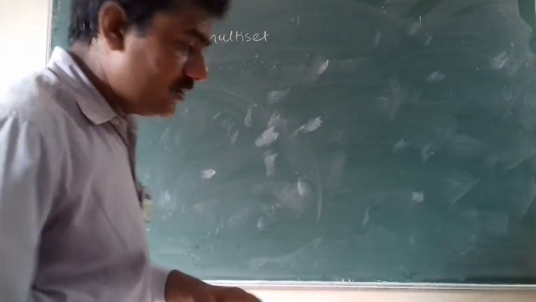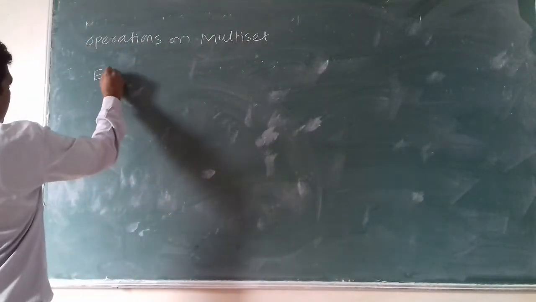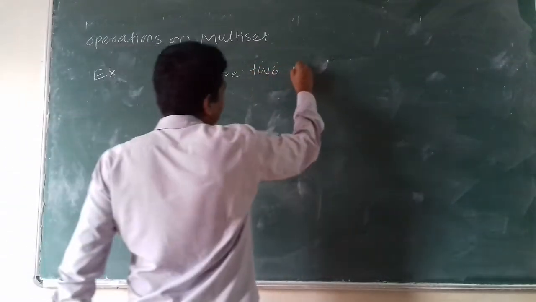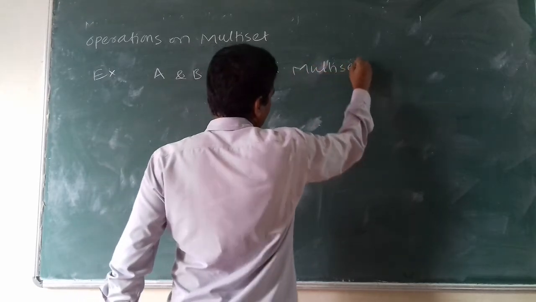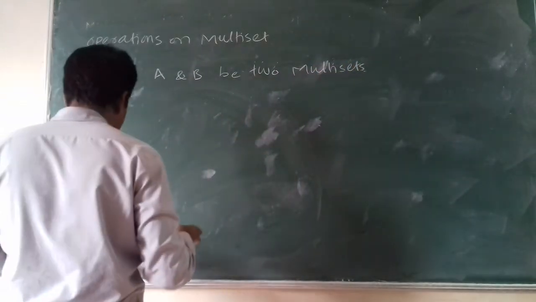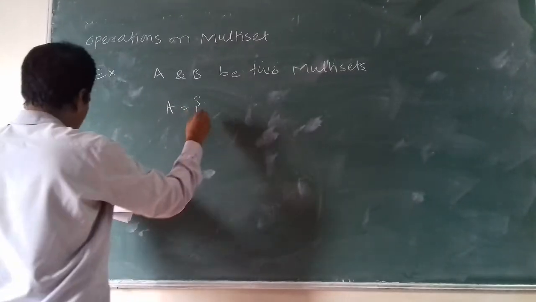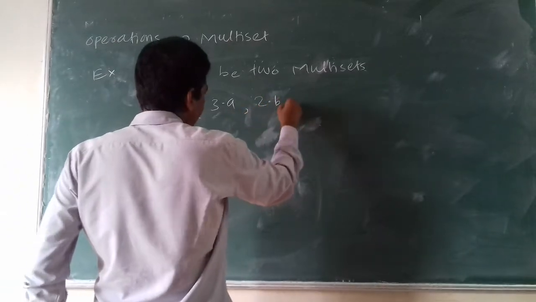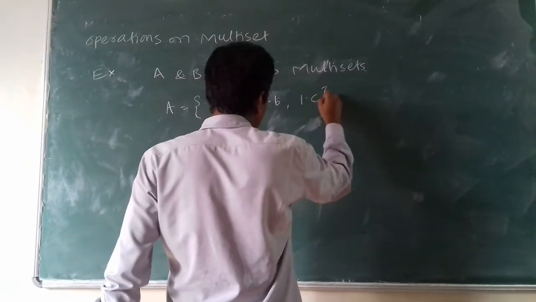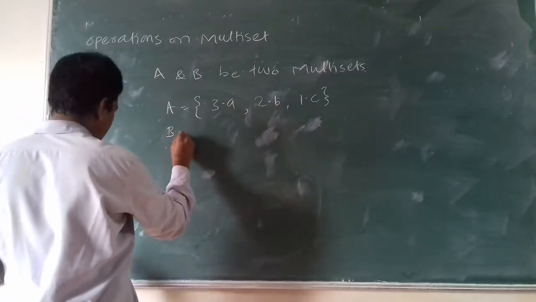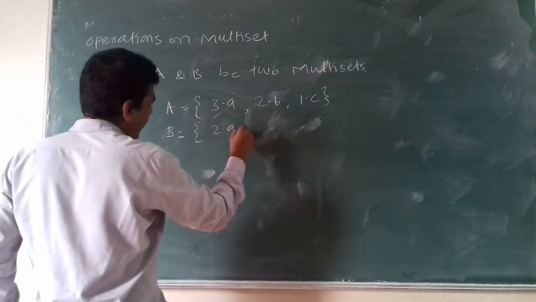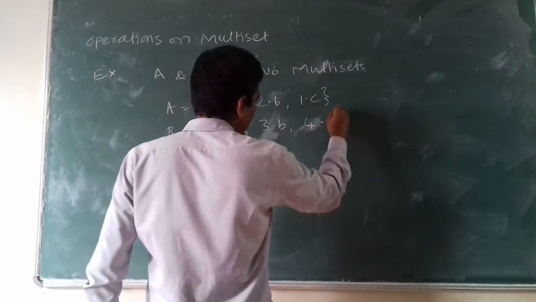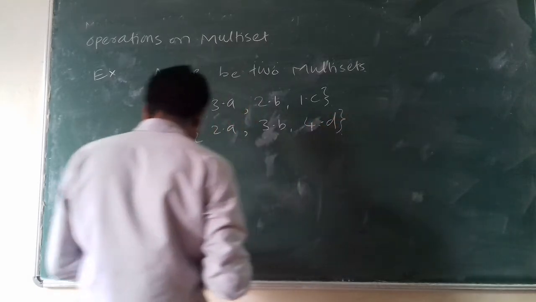Okay, one more example, applying all of this. Let A and B be 2 multisets, given as A equals 3 dot a, 2 dot b, 1 dot c, and B is another set, that is 2 into a, 3 into b and 4 into d.